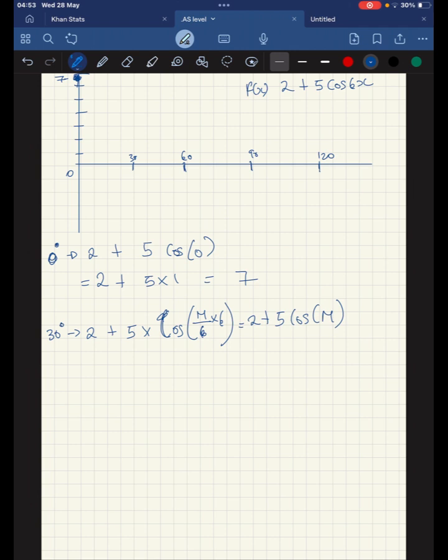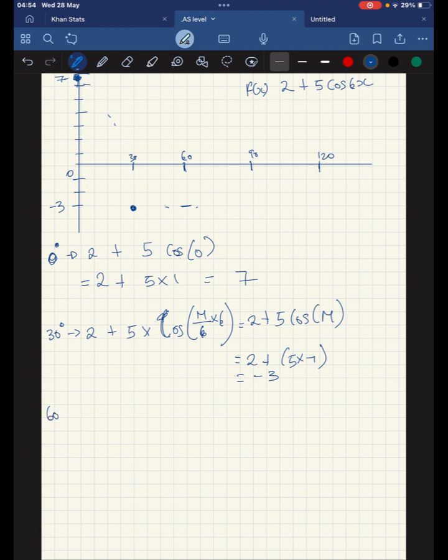Now, we mustn't forget what cos of pi is. Cos of pi is 180, and from our cos graph it is minus 1. So it's going to be 2 plus 5 times minus 1, that's minus 5 plus 2, which is minus 3, right? Great. So at 30 degrees, we're going to be somewhere here, that's minus 3, okay?